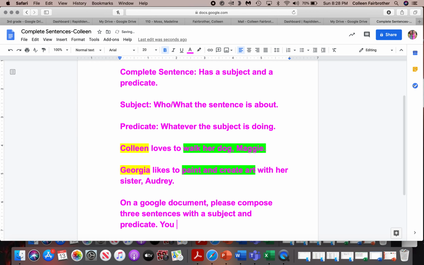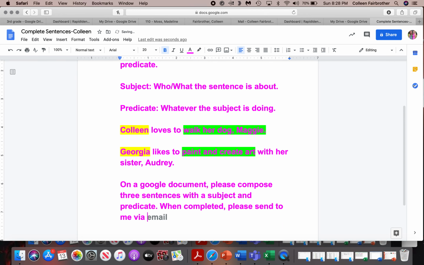And then you can send them. When finished, or a better word for finish is when completed, please send to me via email. You can write them in your journal.